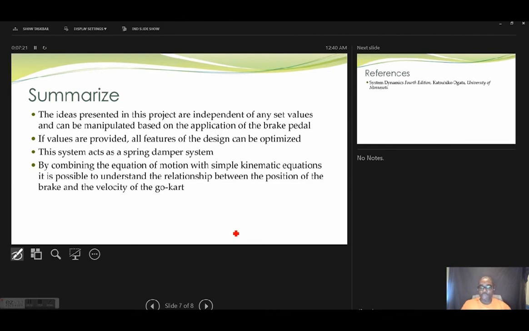And by combining the equation of motion with the kinematic equations of motion, we can begin to understand how the position of the pedal, or its distance from its original position, affects the velocity of the system, the velocity of the go-kart.